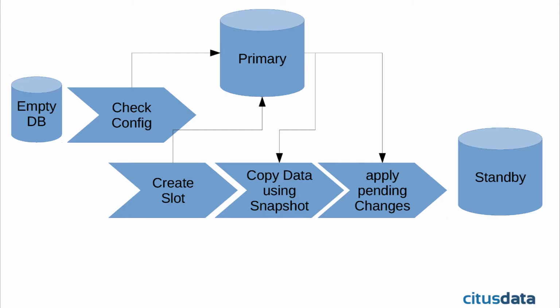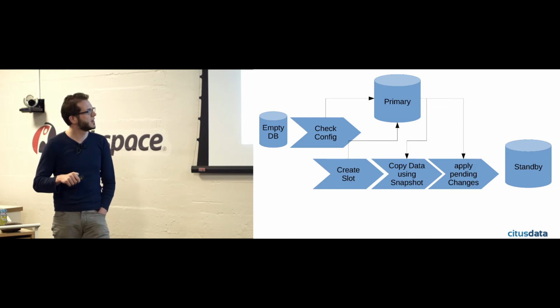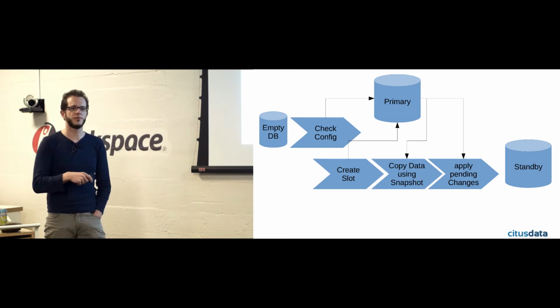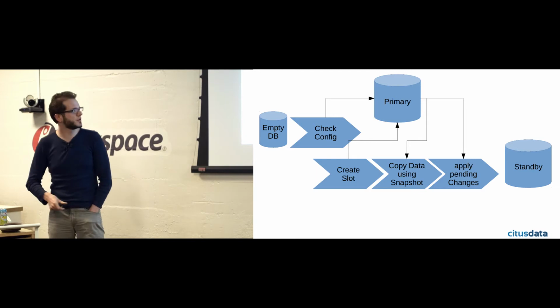So how does this actually work? You have the primary, and you have an empty database. When you do that subscribe call, it will connect to the primary, check that the primary is configured correctly. It will check that the empty database is configured correctly, and then it will go and create this replication slot on the primary. That means from there on, once that slot is created, it can receive all the changes that are made afterwards.